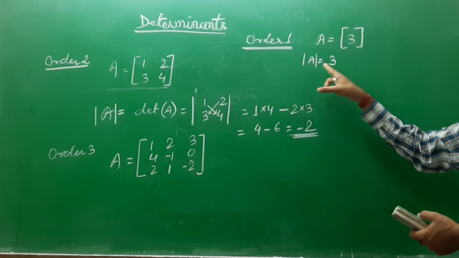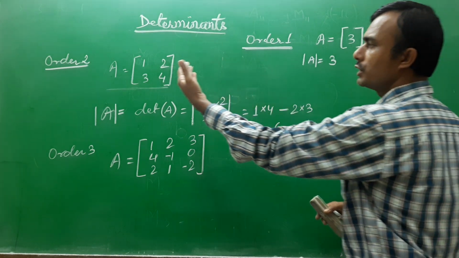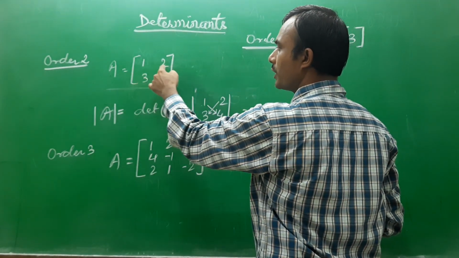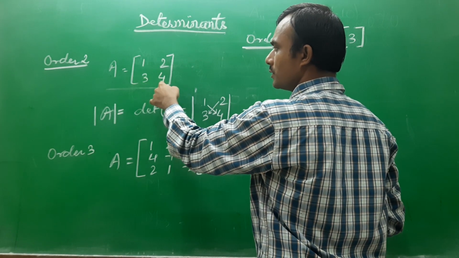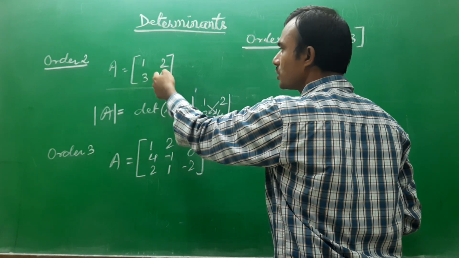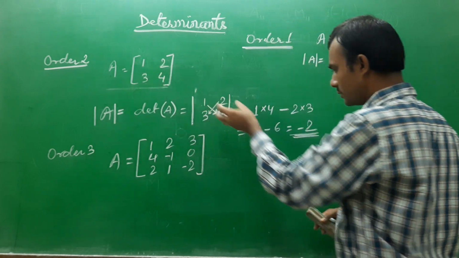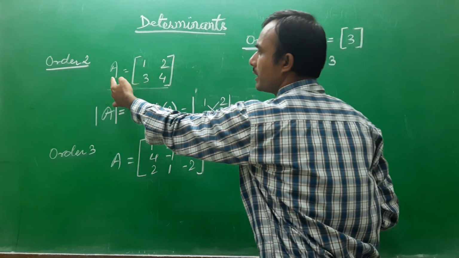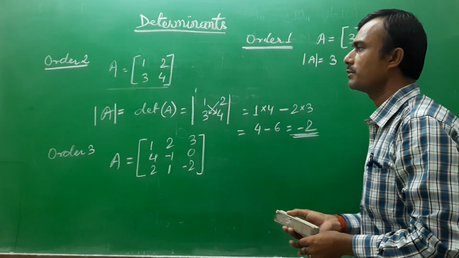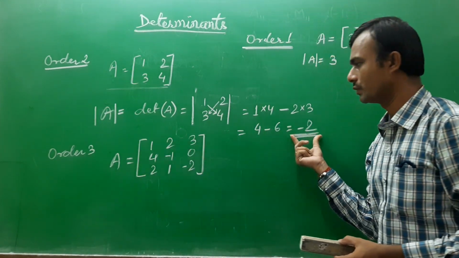Hence determinant of A is 3. In order 2 we have 4 different numbers, so using cross multiplication we find the number minus 2, associated with matrix A. Hence determinant of A is minus 2.